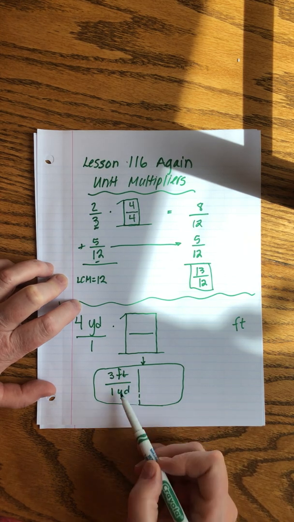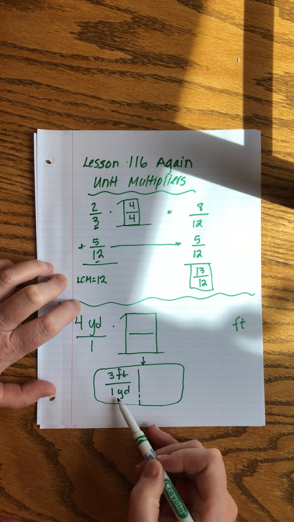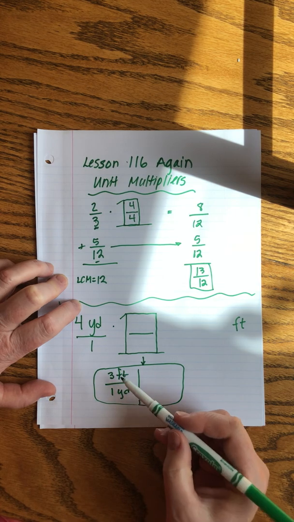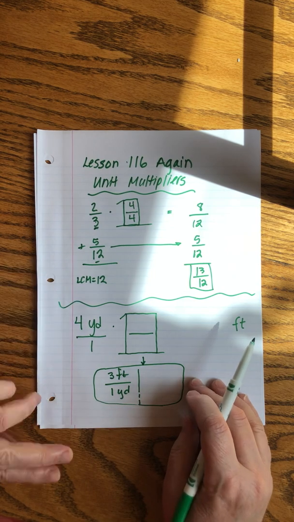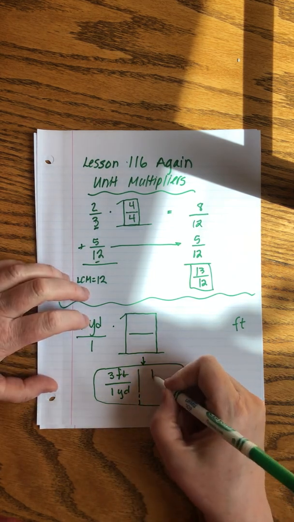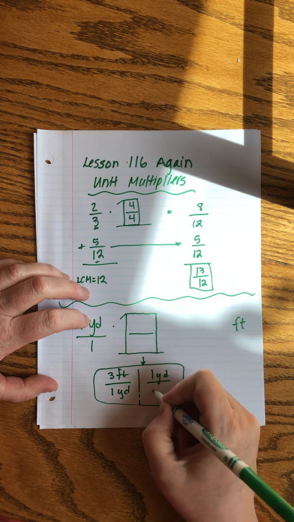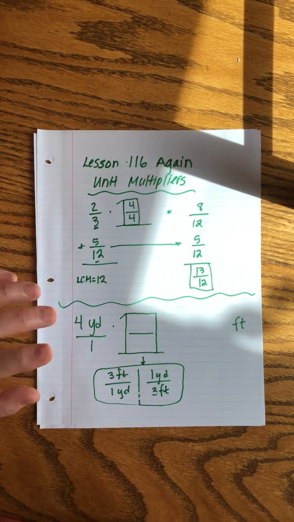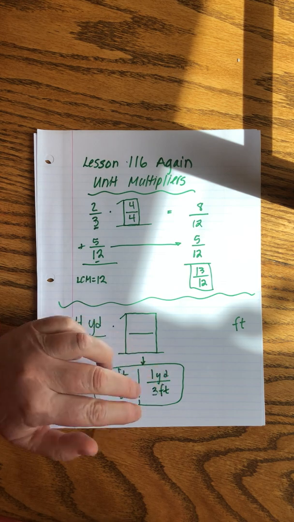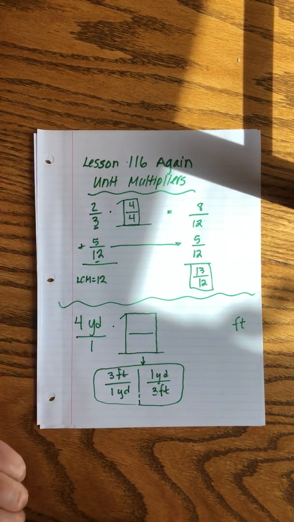Okay, so this is one way to write a relationship between feet and yards that's equal to 1. The other thing we can do is flip it upside down. We can write 1 yard equals 3 feet. So what we've done is create 2 fractions. Their fancy name is unit multipliers.